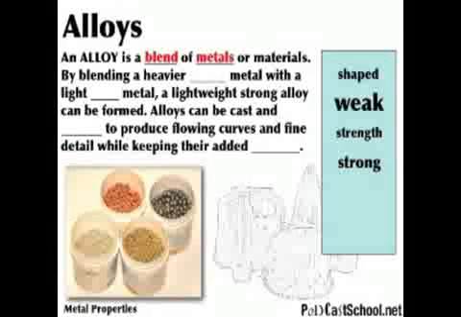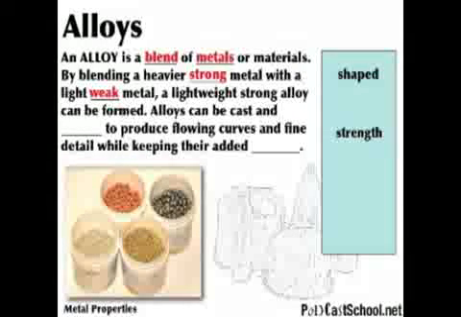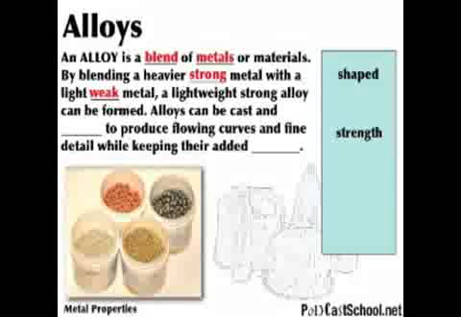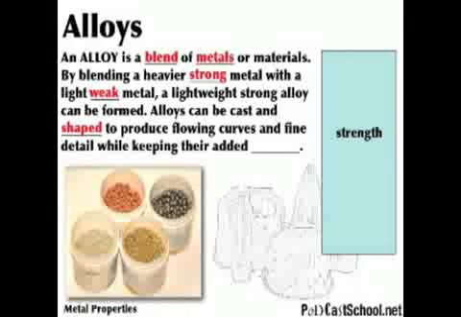By blending a heavier, strong metal with a light, weak metal, a lightweight, strong alloy can be formed. Alloys can be cast and shaped to produce flowing curves and fine detail while keeping their added strength.